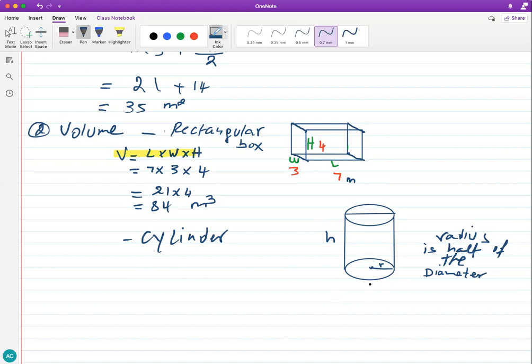The area of the base, it's a circle. Let's call it area of the base is pi times r squared. Okay, you guys know what pi is equal to? Pi, the constant. What is it? 3 point.